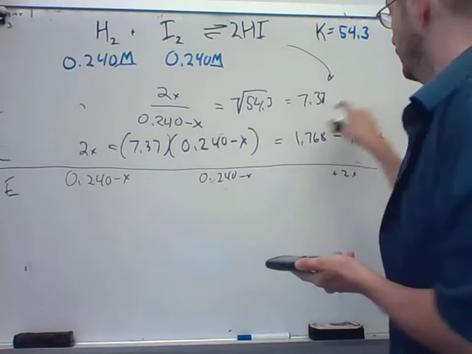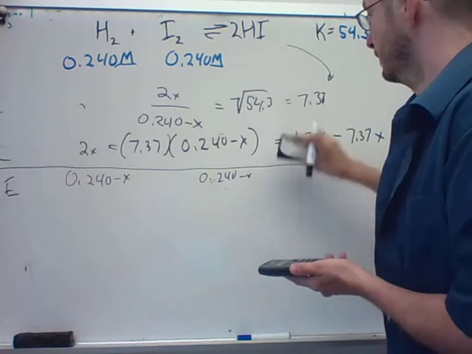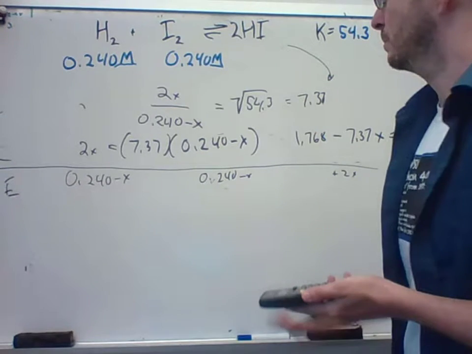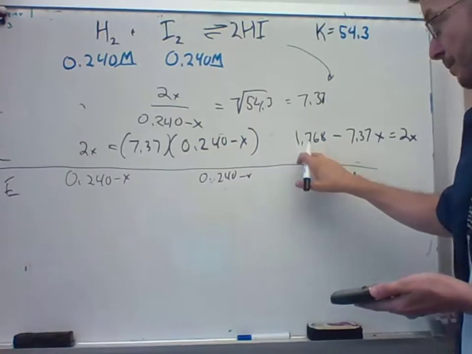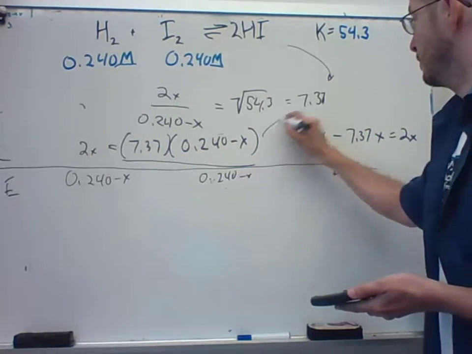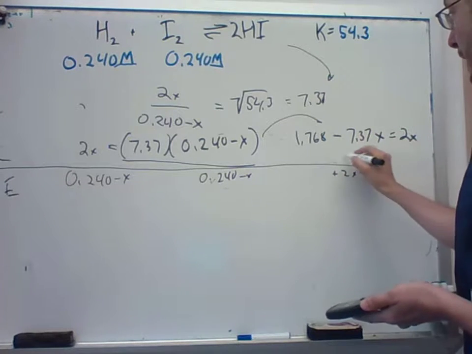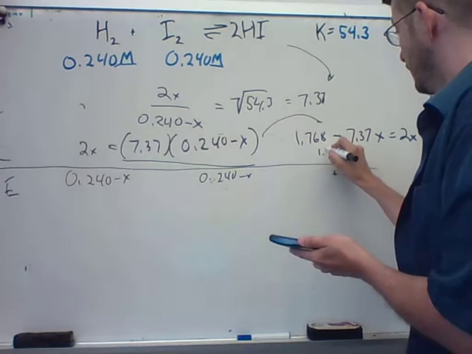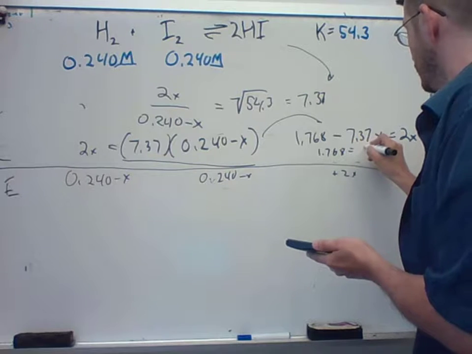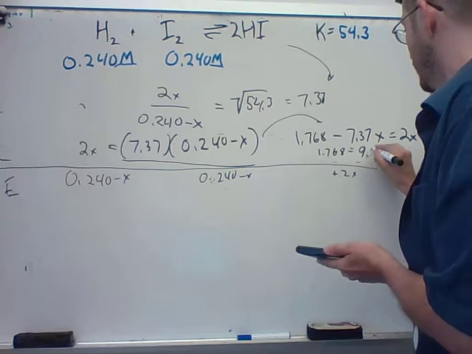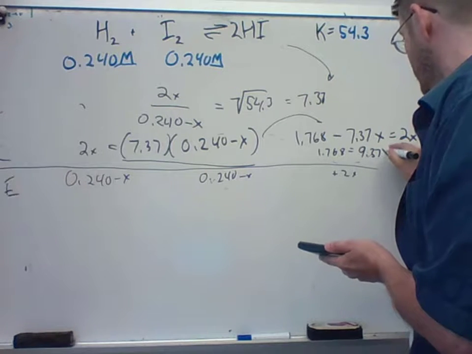So, combine these terms to produce this equation, and then set it equal to 2x, and now we can solve for x. 1.768 is equal to 9.37x.